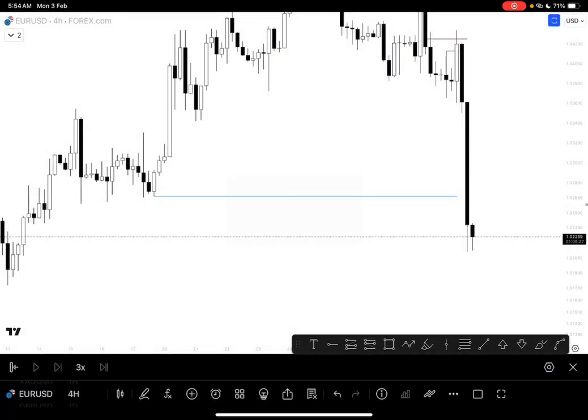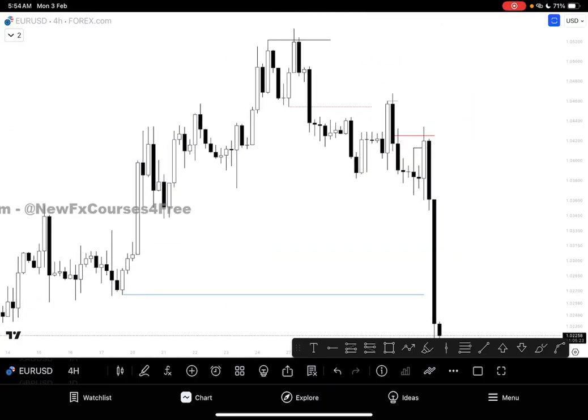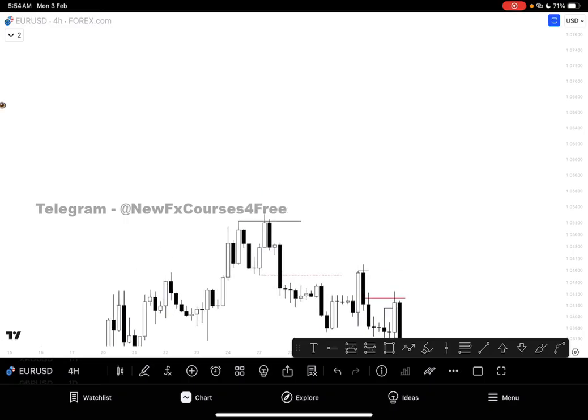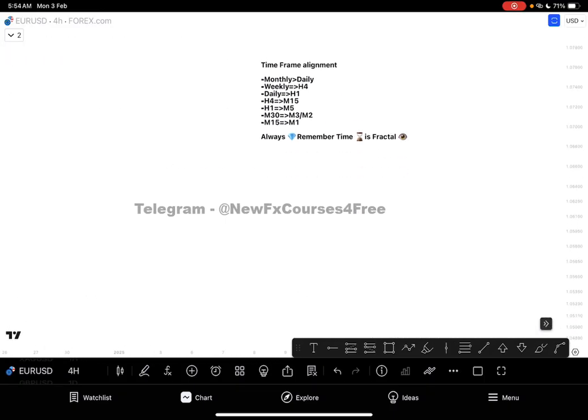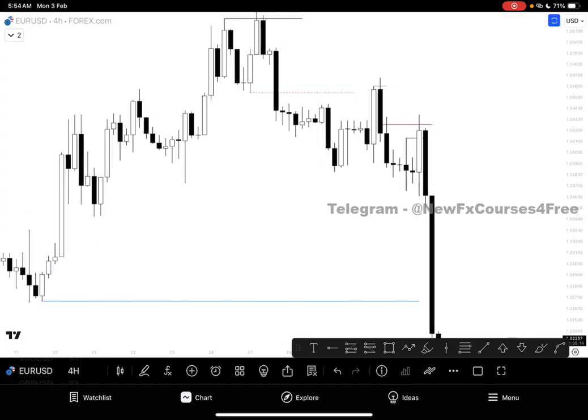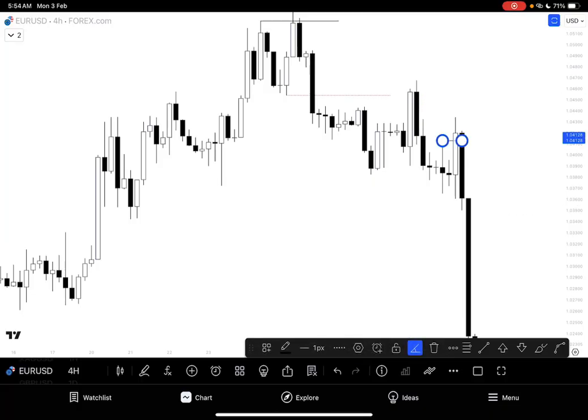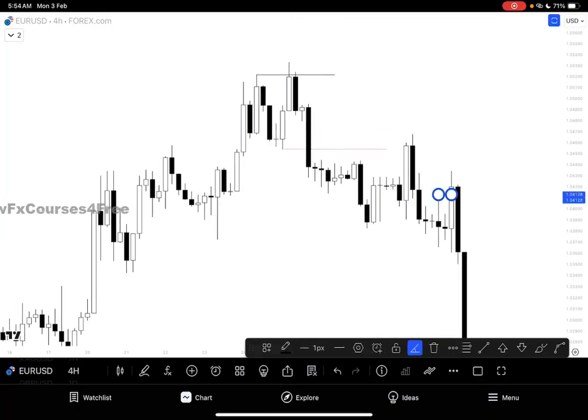So you can see how time frame alignment, you can use this to actually give you more confidence in your trade ideas. So let me show you other examples of last week's or last 2 weeks ago price action. Let me take these off.